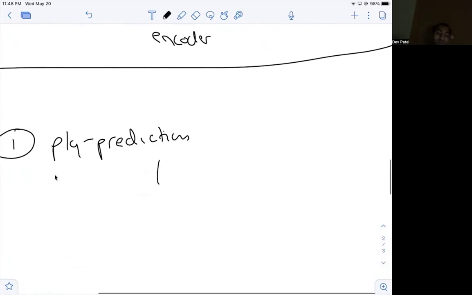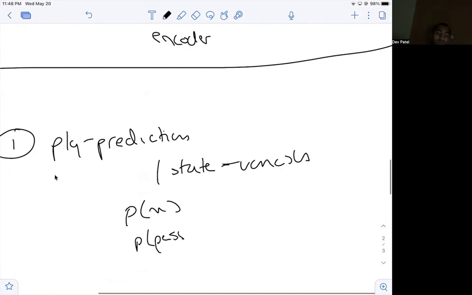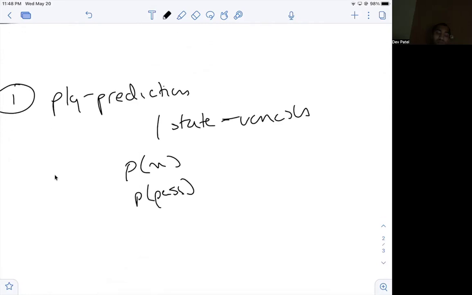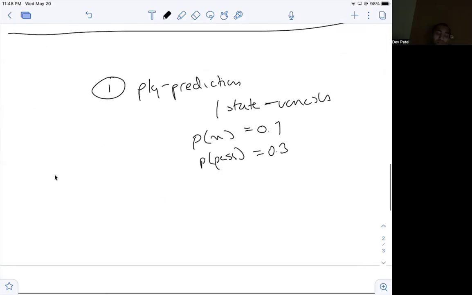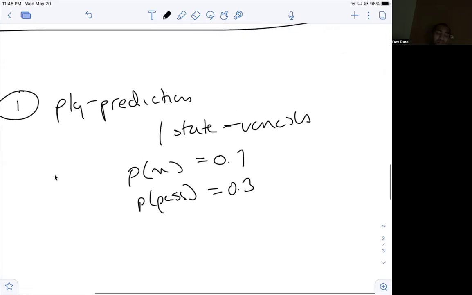So given the game state variable, what is the probability of a run? What is the probability of a pass that the coach in that situation will call? So probability of a run, let's say 70%, probability of pass 30%.